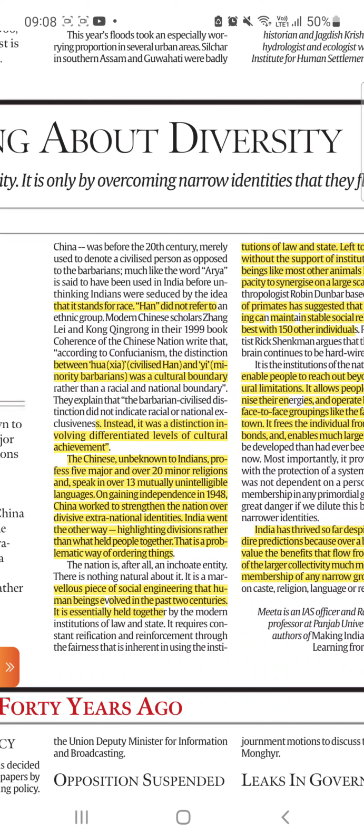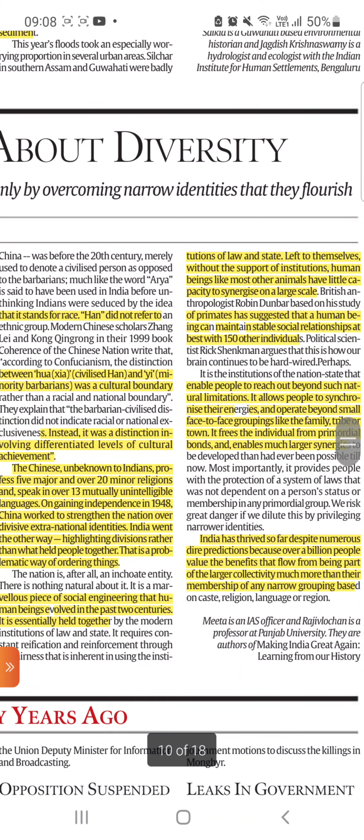That is a problematic way of ordering things. It is a marvelous piece of social engineering that human beings evolved in the past 2 centuries. Left to themselves, without the support of institutions of law, human beings, like most animals, have little capacity to synergize on a large scale.